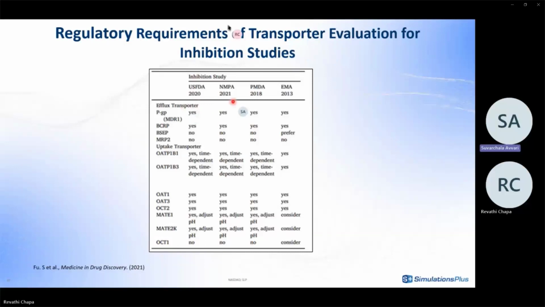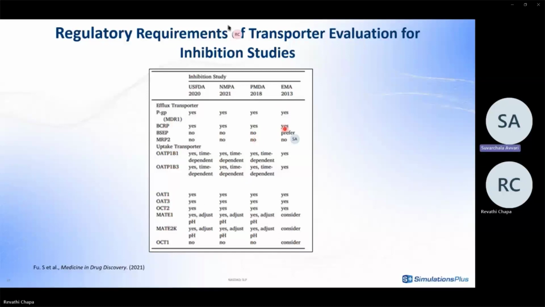Similarly, other regulatory agencies like NMPA, PMDA, and EMA have provided some guidelines to the sponsor to consider evaluating the DDI of the investigational drugs for these transporters: PGP, BCRP, uptake transporters OATP 1B1, 1B3, renal transporters OAT1 and 3, and OCT2 and MATE 1 and 2K.